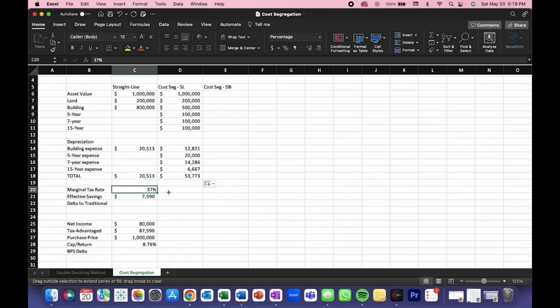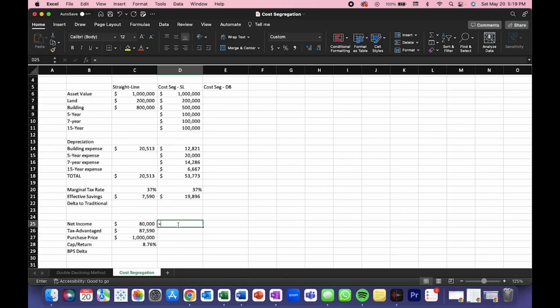Still Mr. High Earner, still in that 37% marginal tax rate, and now our effective tax savings are going to be $19,896, over double what you were previously getting, nearly triple the amount of savings that you would have had if you didn't do a cost segregation.